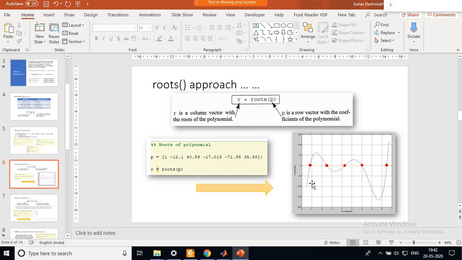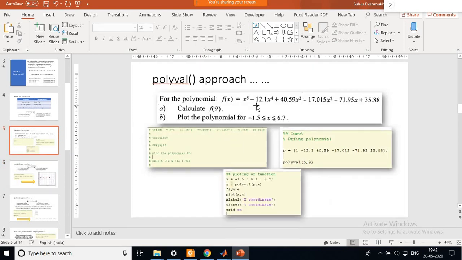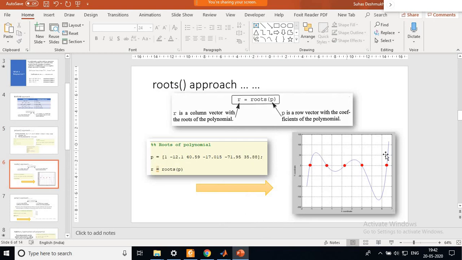If I have a higher order polynomial, like the previous example, a fifth order polynomial, obviously it will touch the x-axis 5 times. That's 1, 2, 3, 4, 5. And these are the values of x that we need to determine. That is what is called the roots of a polynomial.